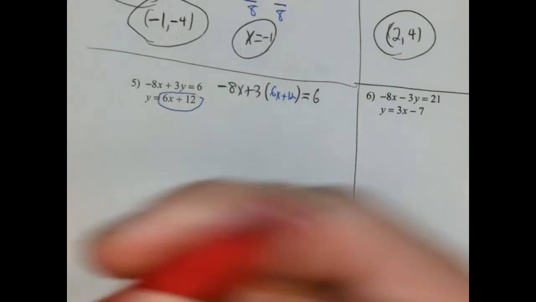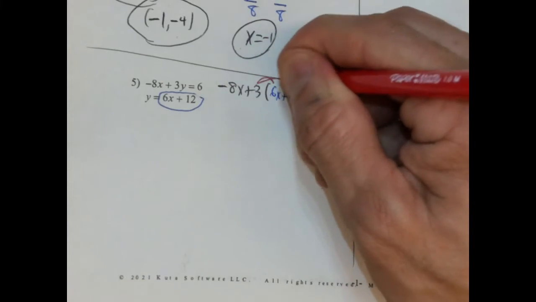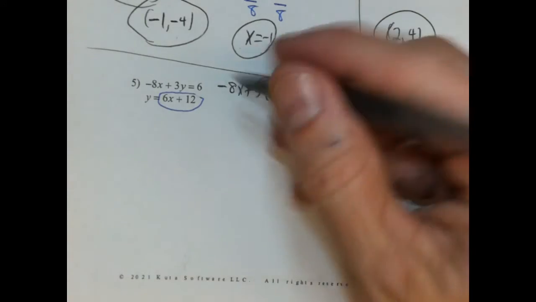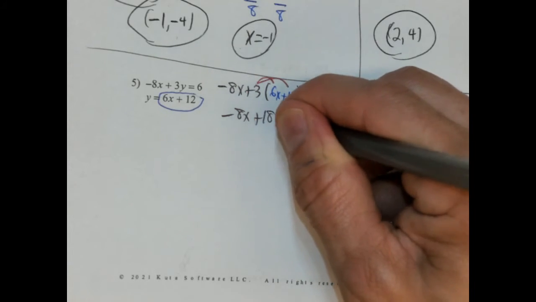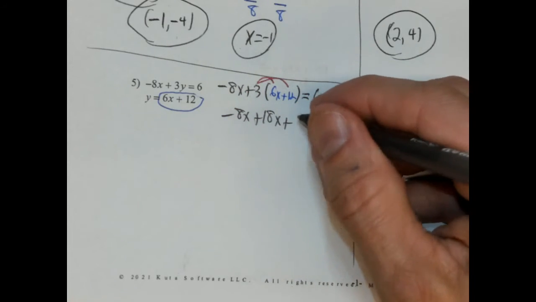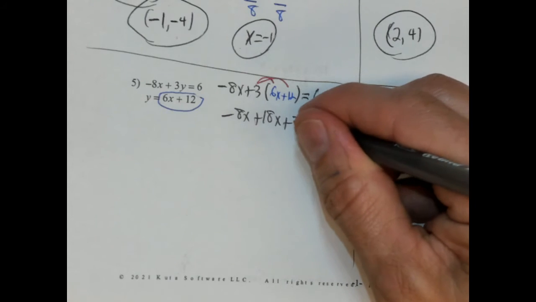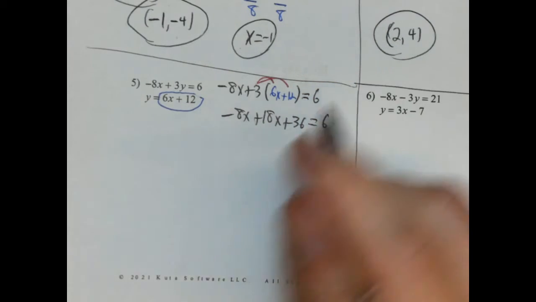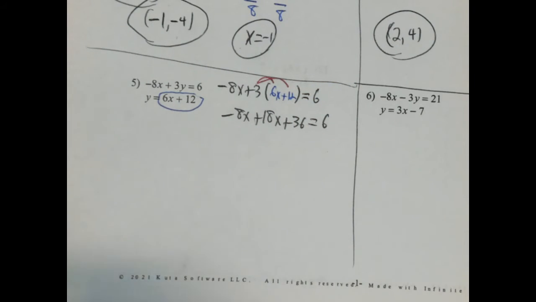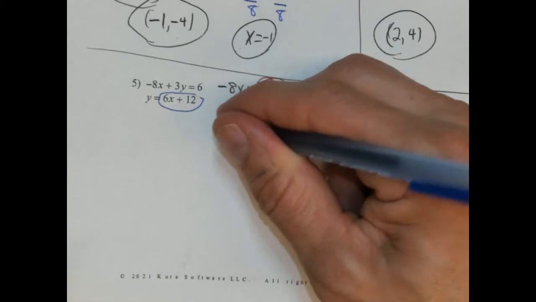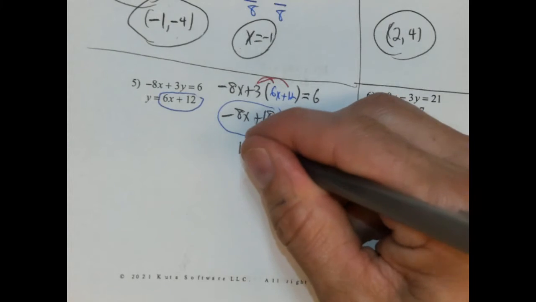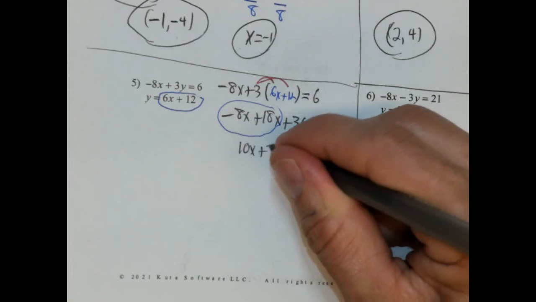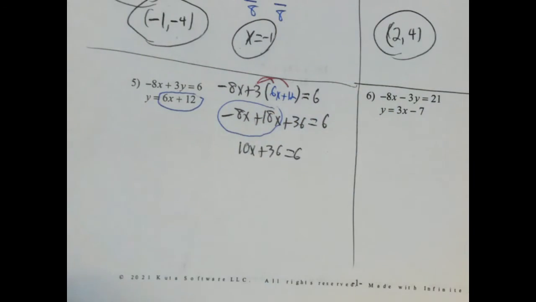And we're going to distribute the 3. -8x plus 18x plus 36 equals 6. And then we're going to combine like terms. So -8x plus 18x will be 10x plus 36 equals 6.